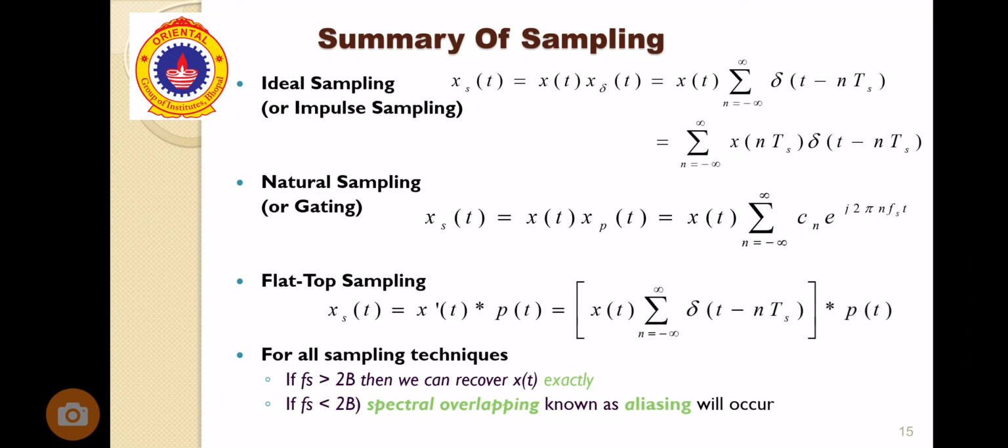And flat top is x dash t convolved with p(t). What is x dash t? x dash t is nothing but the output of ideal sampling. For all the sampling techniques, fs must be greater than twice B, where B is the bandwidth of the message signal. If fs is less than twice B, the condition of aliasing will occur, which creates the problem.